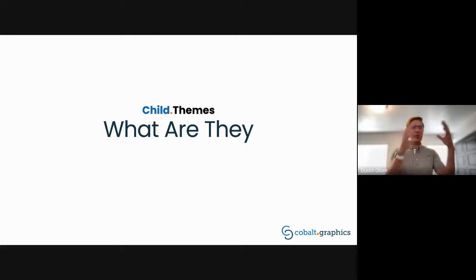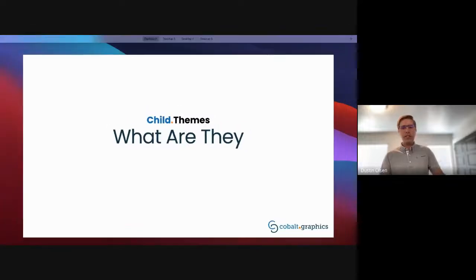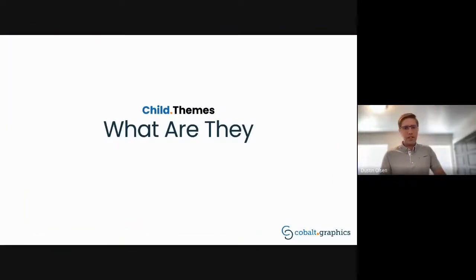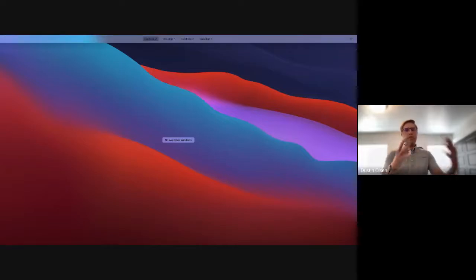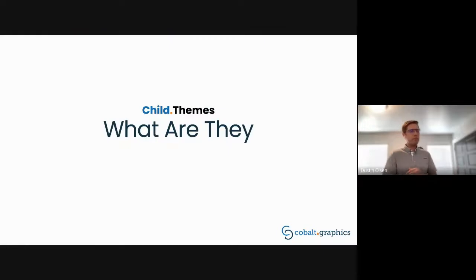So Genesis was like your foundation, and then if you wanted to look a certain way, you would go find a child theme. And the child theme is just like an overlay of the Genesis theme. So that's kind of what it is.